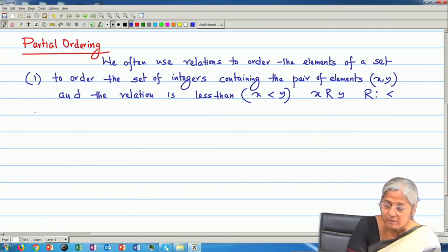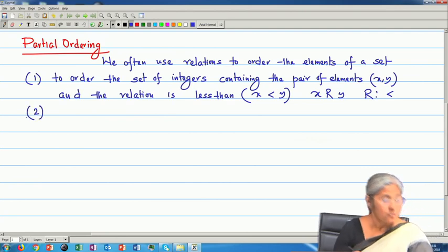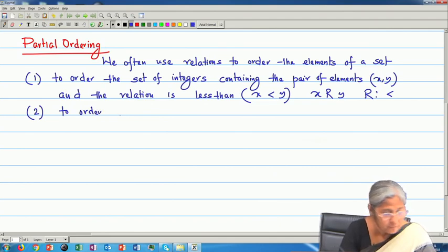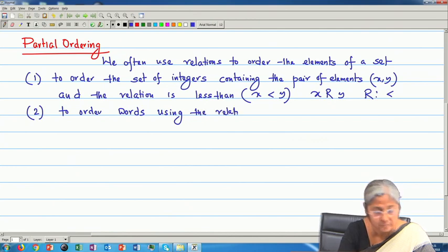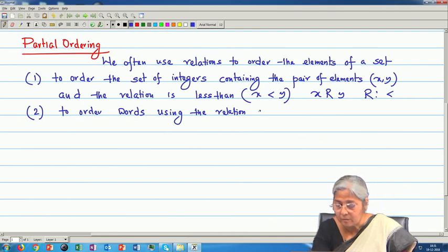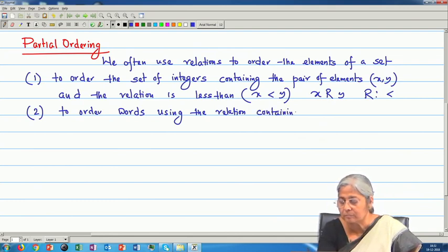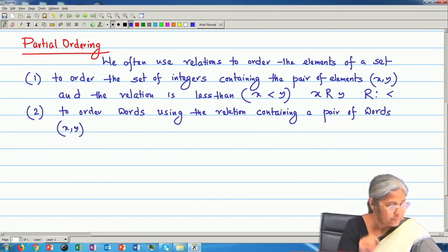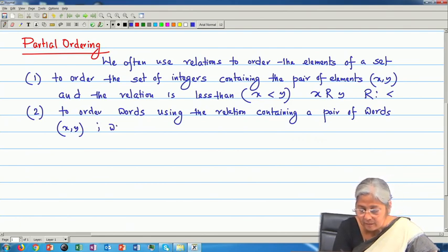Or we use relations to order words. So, another example is to order words using a relation containing a pair of words, say x y, when x comes before y.